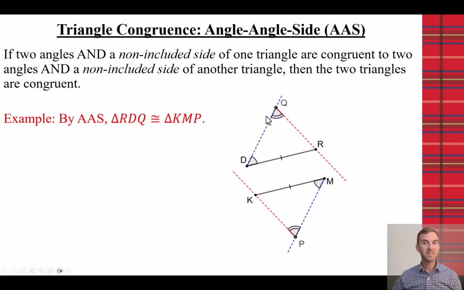And by doing so, you can see how those triangles are being formed. So automatically we can draw in those sides and say, yes, RDQ and KMP are congruent triangles by angle, angle, side. And you can even rotate and align the pieces to see what is matching up, and that matches with how we stated those two triangles.